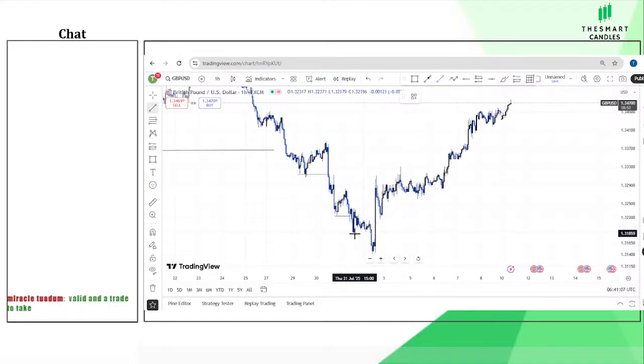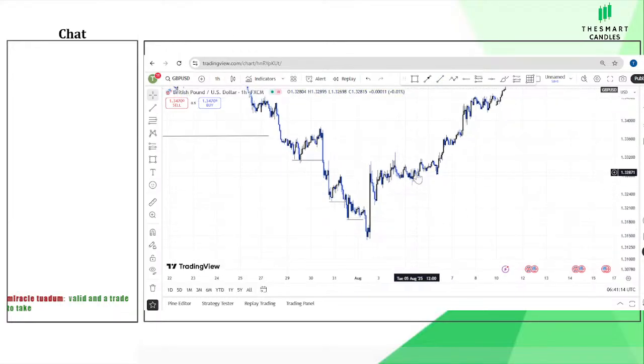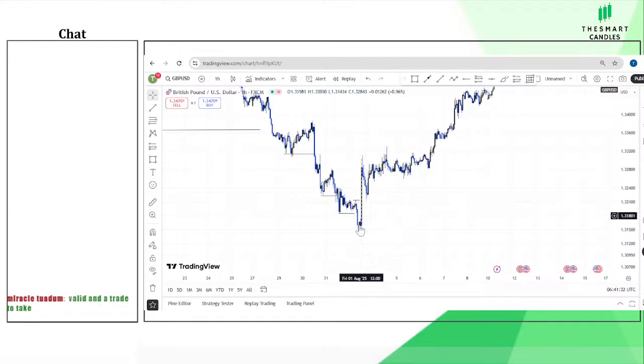We had another break of structure here. This was our last high that pushed the price down again. So we had a change of character here. After having a change of character at that point, what did you see? The same thing we saw on EU is also displaying on GU too.